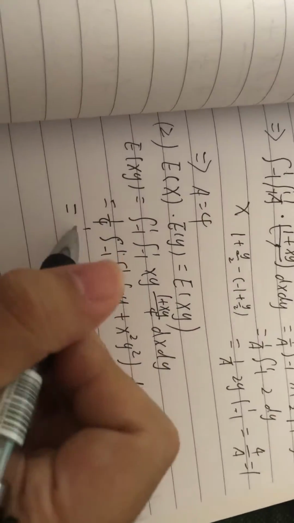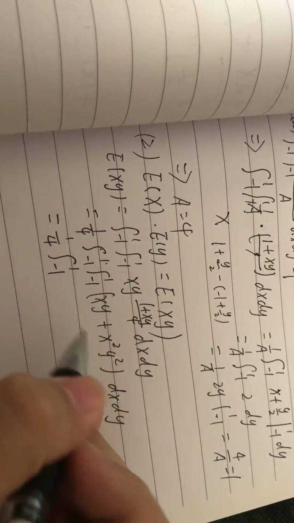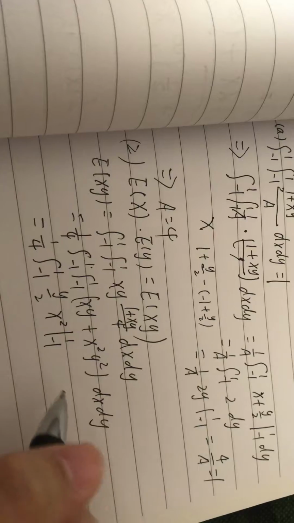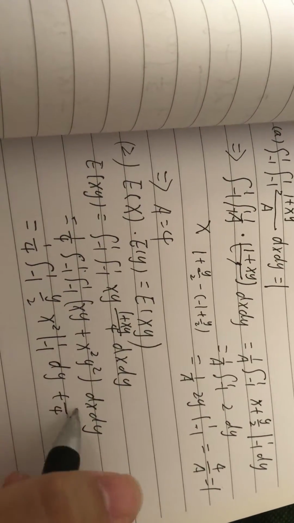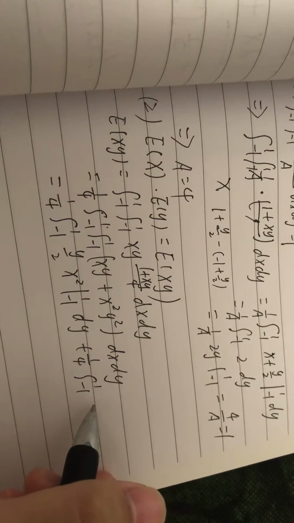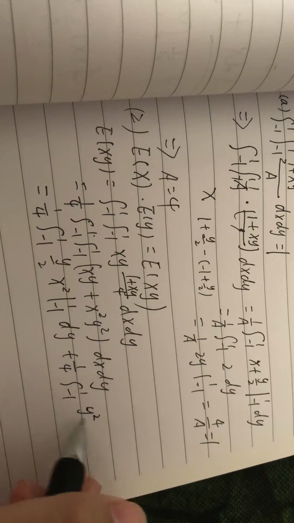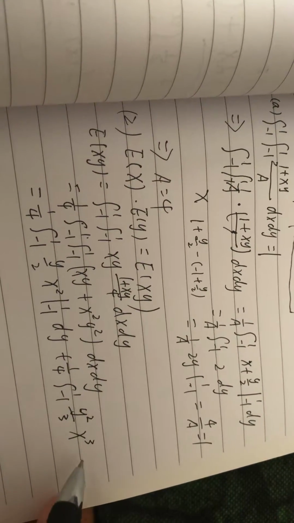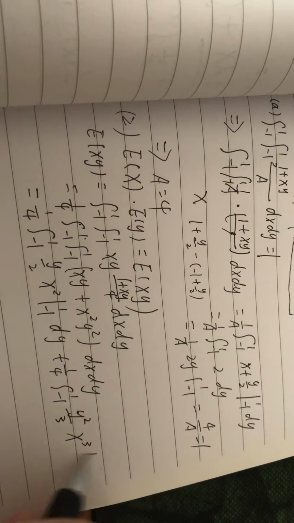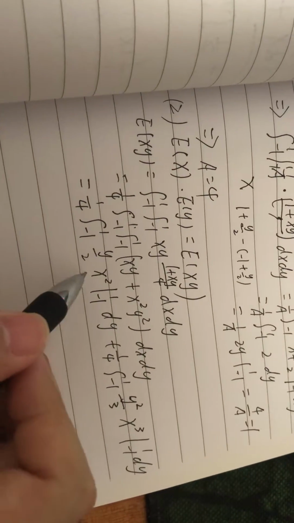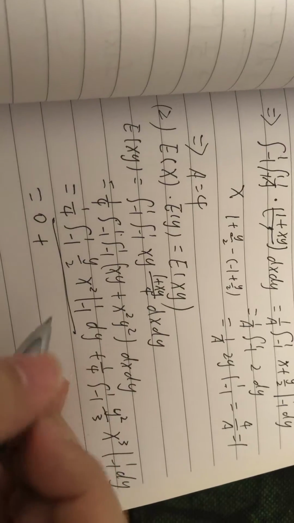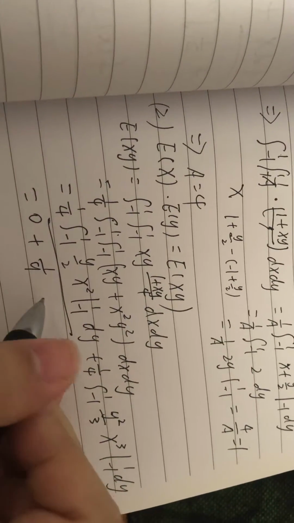We get a quarter integral of (y/2)x from -1 to 1 dy, plus 1/4 integral from -1 to 1 of (y squared over 3) times (x cubed over 3) dy. The first one is easy to see, it is 0, and we calculate this one is 1/9, so the expectation of xy is 1/9.